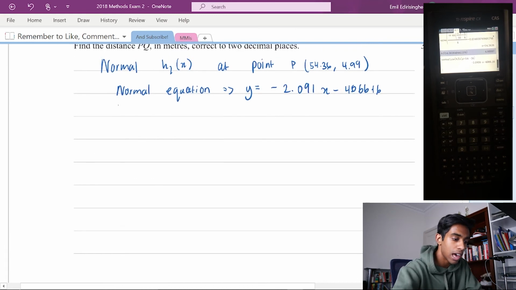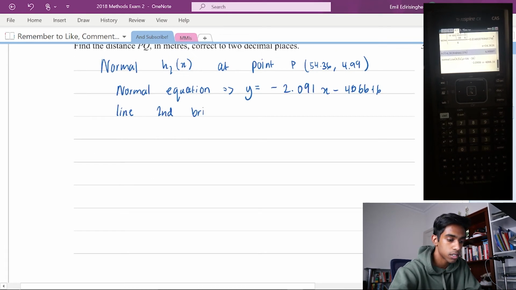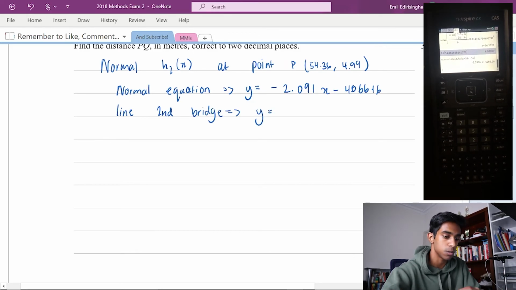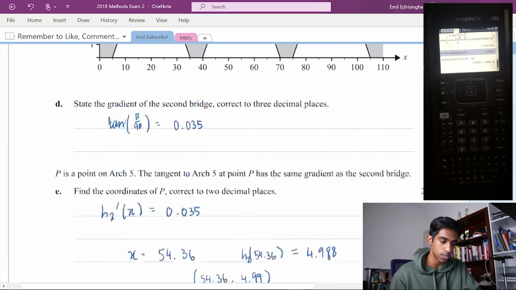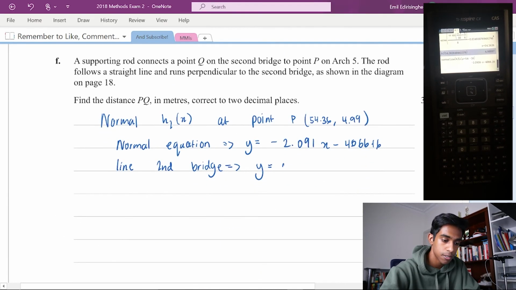So line second bridge is y equals the gradient plus the y-intercept, so 0.0535x plus 5.